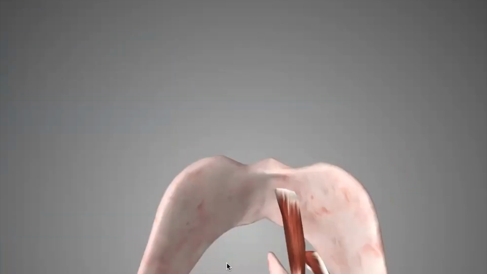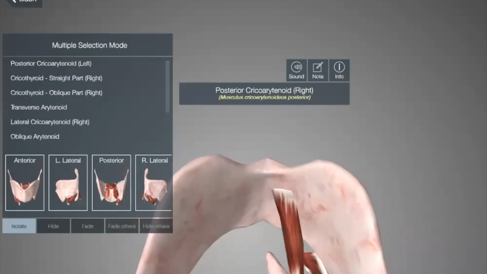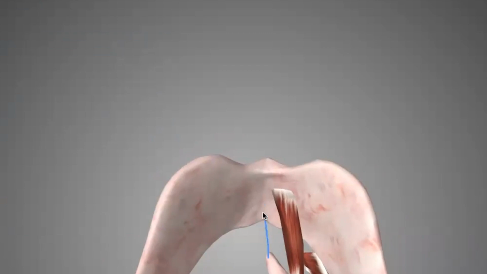Imagine the vocal cords are like this. Let's make it narrower. This muscle is the only one that is able to pull the vocal cords laterally and widen the rima glottidis in here.